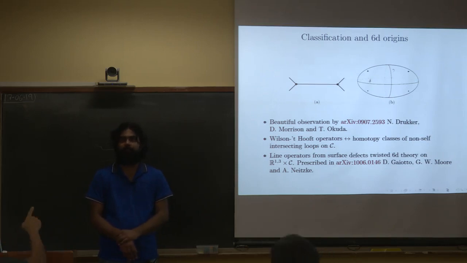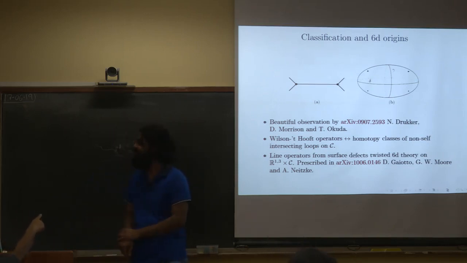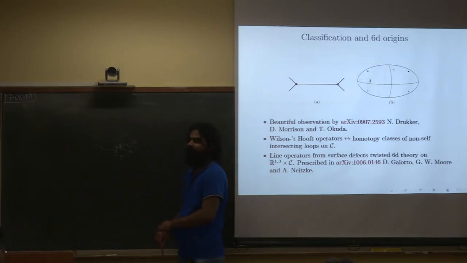Sorry, am I out of time? Just one thing: I want to make sure once more what this operator is in terms of field theory. The field theory is M5 brane on a Riemann surface times R4. There are two things I have to do to specify this operator, presumably.